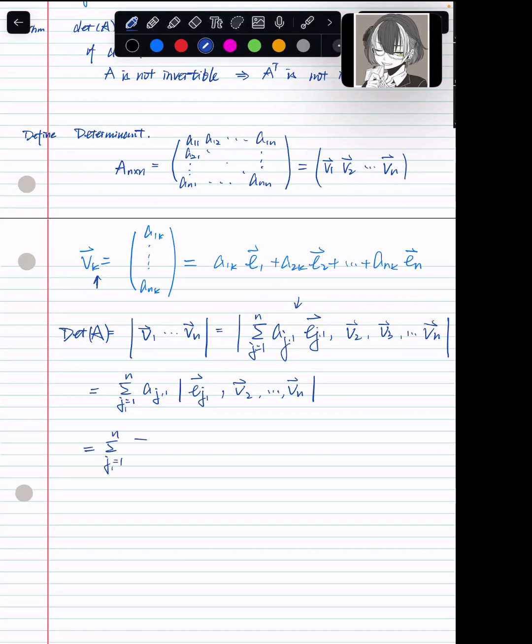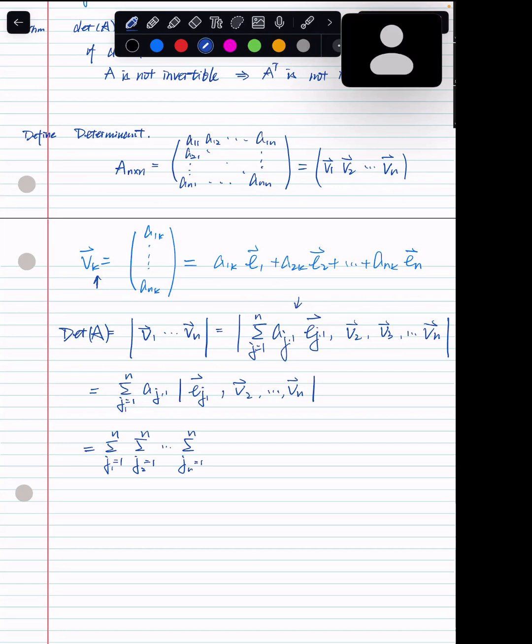And then we will have another sum, also J, but for the second vector, J2 from 1 to n. So we would have different sums all the way to J sub n from 1 to n.